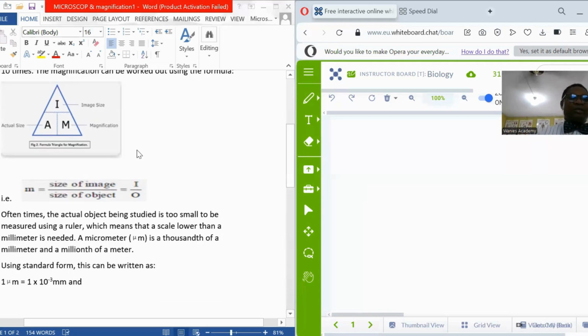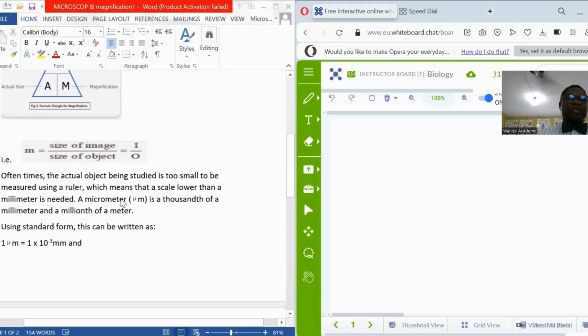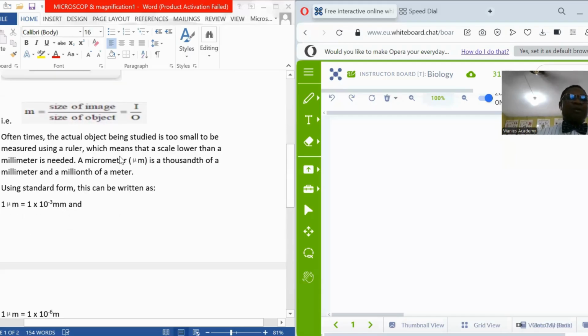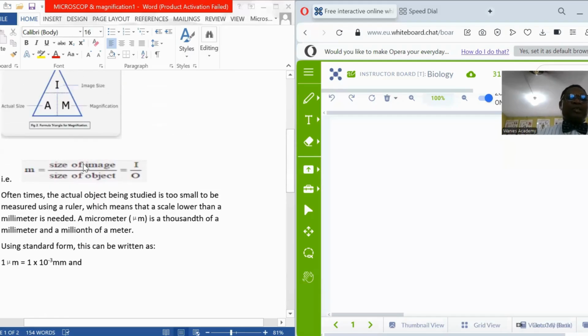Magnification is measured by determining the size of the image, which is represented by the letter I, the image which is drawn, and the size of the object, which is the specimen. So that is how to determine magnification. Magnification is I over O: the size of the image which is drawn over the size of the object or the specimen given to us.